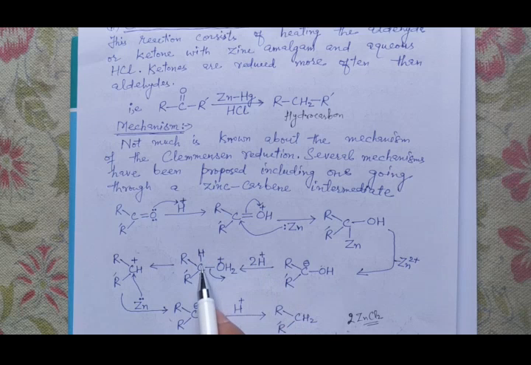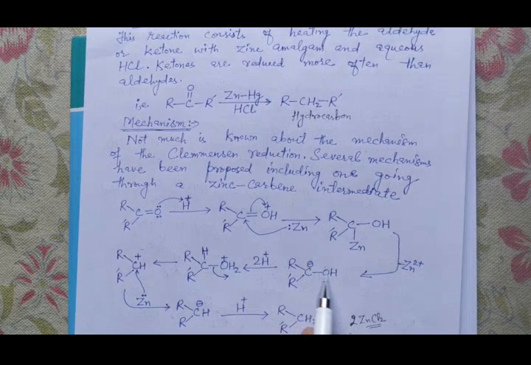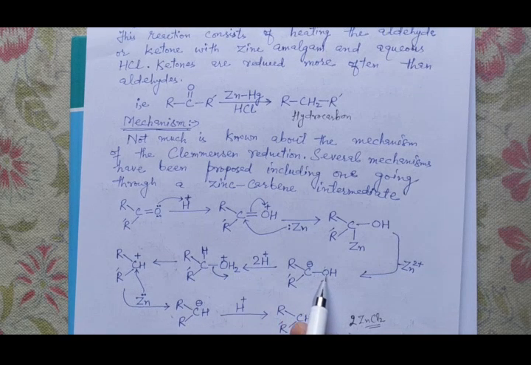One goes to this carbon bearing negative charge, and another goes to the hydroxyl group, and because of this the hydroxyl group gets changed to an OH2 group. That is, now a molecule of water will be lost, because by abstraction of proton by the lone pair of the hydroxyl group, oxygen acquires positive charge.